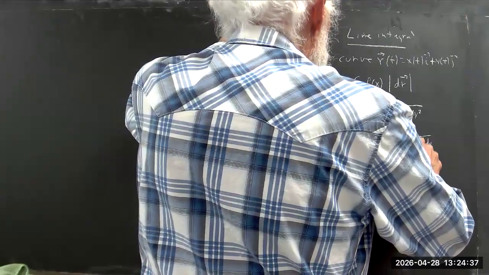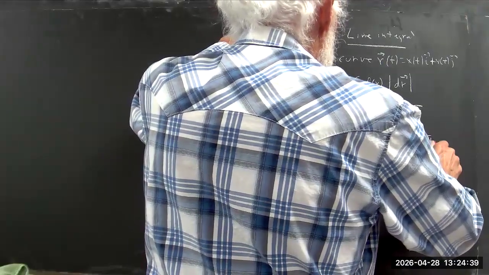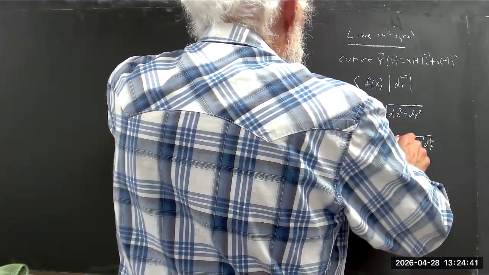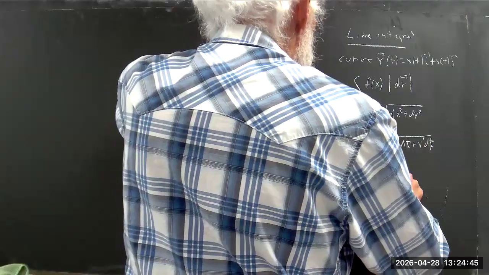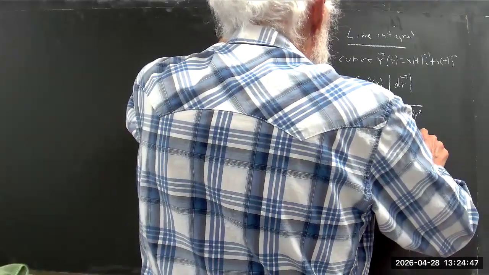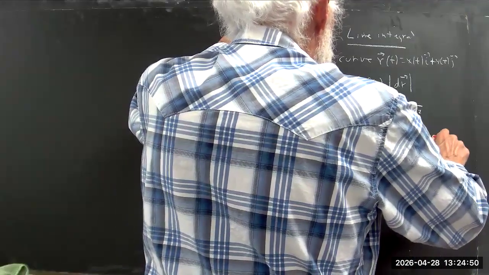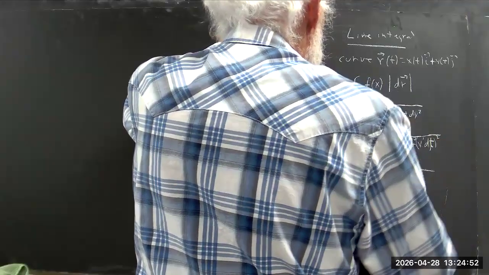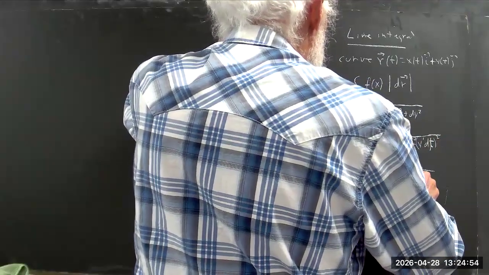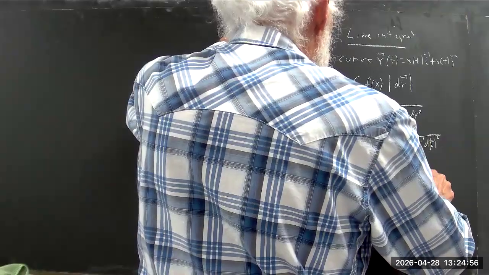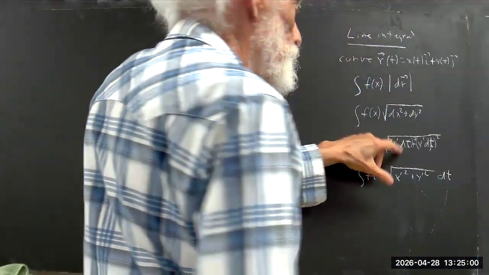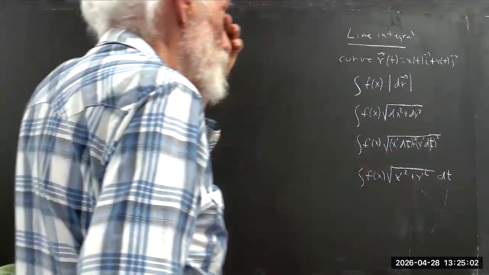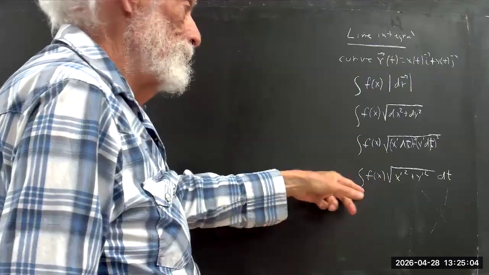It's x prime dt, x prime dt, and each of these is squared, which comes down to x prime squared plus y prime squared. And the dt squareds factor out, take the square root, you get dt.